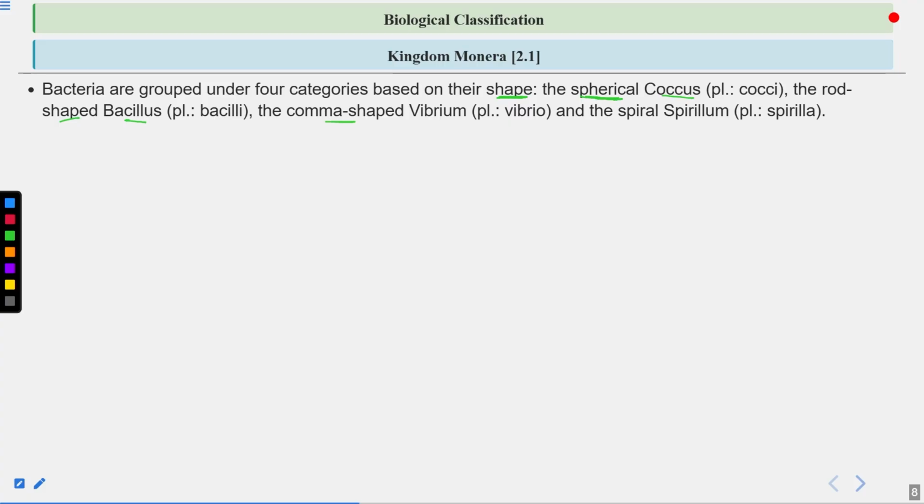Then they can be comma shaped, such as Vibrio, and they can be spiral shaped, such as Spirillum. So these are the different shapes of the bacteria. Bacteria can be divided into various groups based on their shape. So you should remember this.